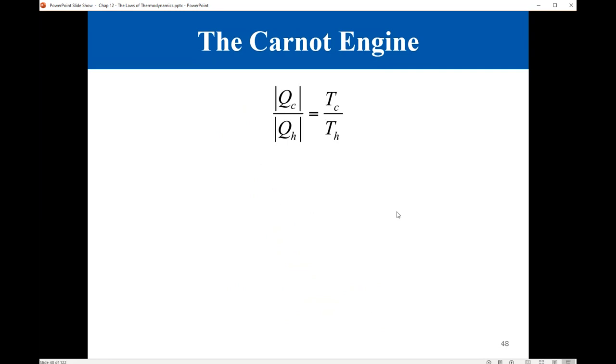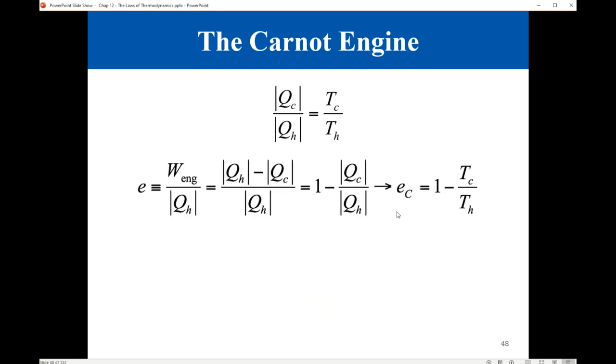The ratio between QC and QH is the same as the ratio between TC and TH. So the efficiency that we wrote earlier as 1 minus QC over QH, for the Carnot engine, because QC over QH is equal to TC over TH, we can write the efficiency for a Carnot engine as 1 minus TC over TH.